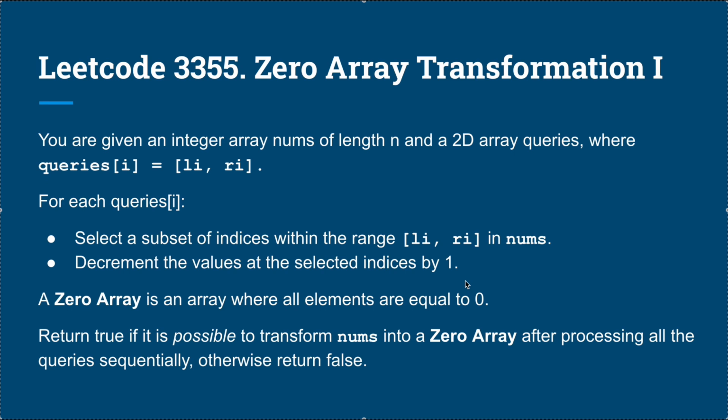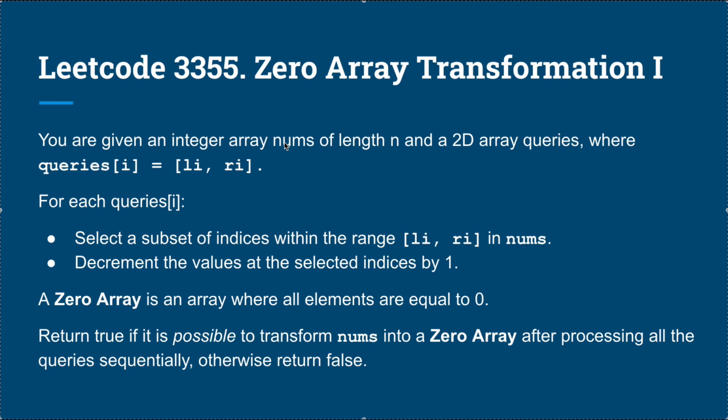So the problem boils down to: can each element in nums be reduced to 0 or less by the total number of queries that cover it? If there are up to 3 queries, we can decrement nums up to 3 times. So we ask ourselves whether each element in nums can be reduced to 0 or less by the number of queries covering it.